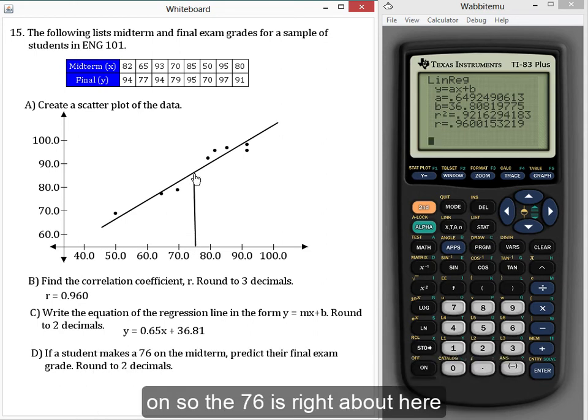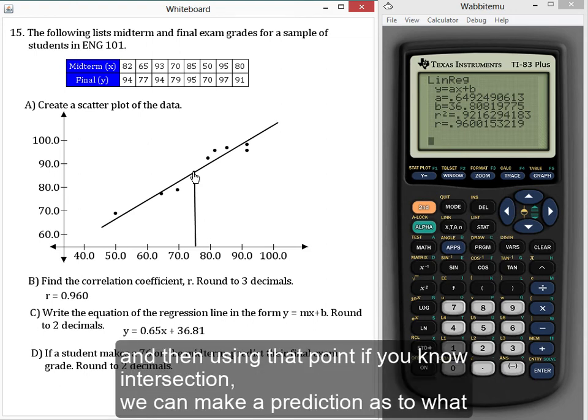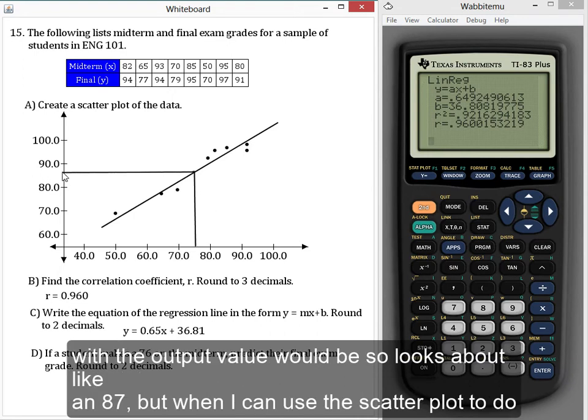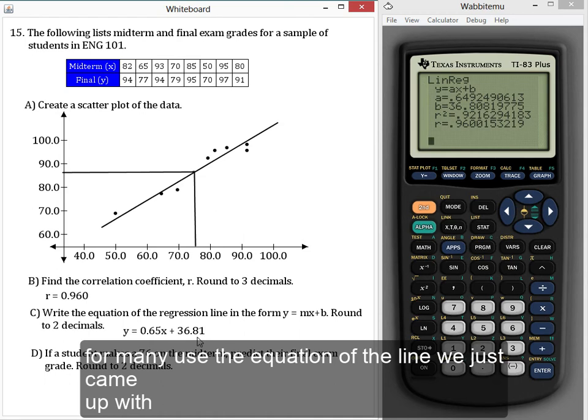So the 76 is right about here, and this is where it intercepts the line. And then using that point of interception, we can make a prediction as to what the output value would be. So it looks about like an 87, but we're not going to use the scatter plot to do this. We're going to use the equation of the line that we just came up with.